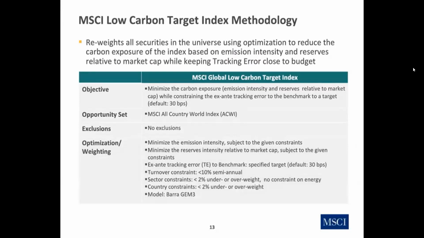In addition, country weights are also held to plus or minus 2% of their weights in the parent broad market index. The end result of this index methodology is a low carbon index designed to track closely and remain similar to its parent index across many key dimensions.